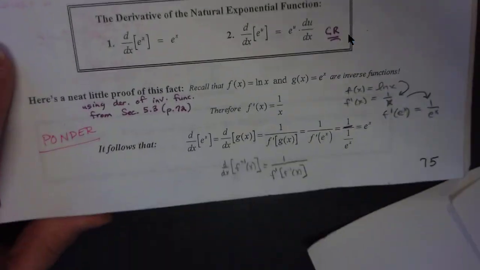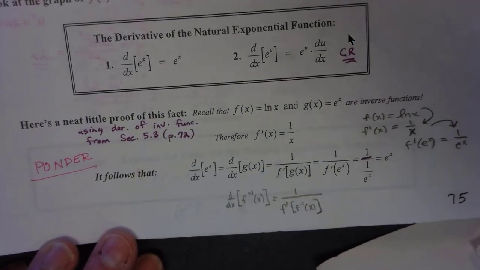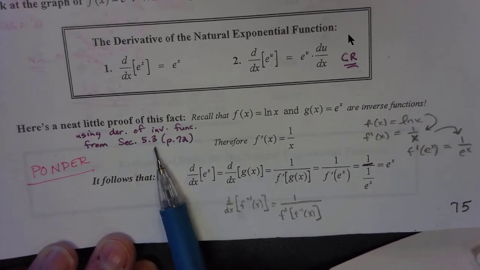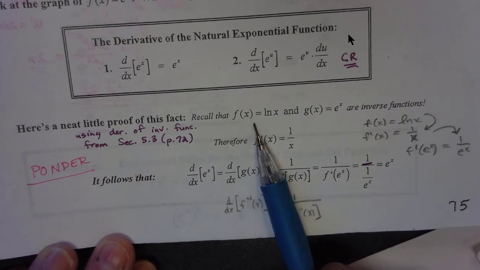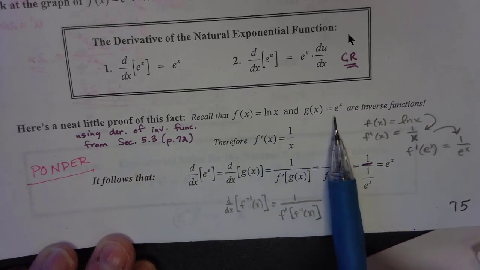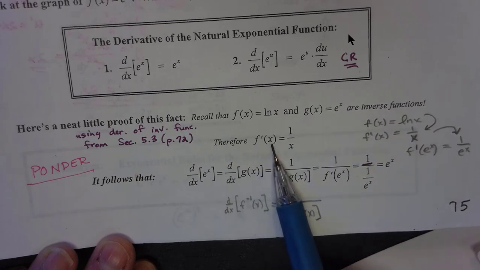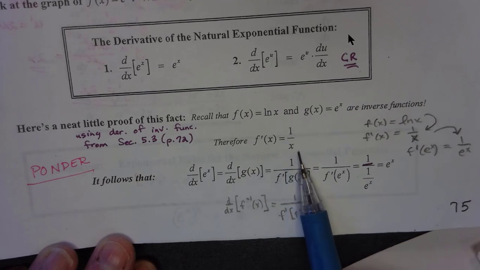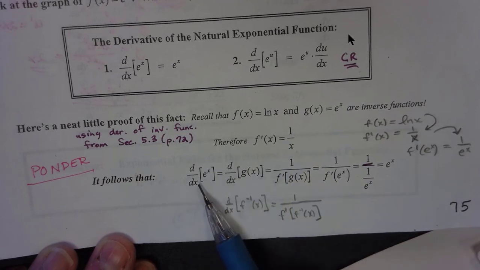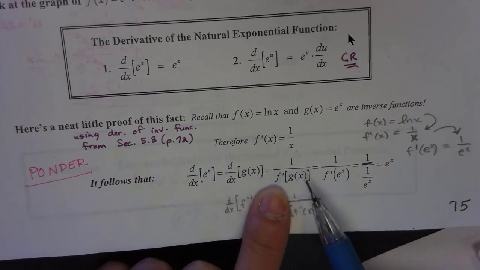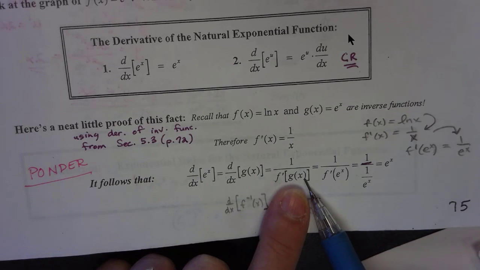So here's a cool little proof that gives us this. We're going to use the derivative of our inverse function from section 5.3. Let us remember that we have f of x is natural log of x and g of x is e to the x. We know these are inverse functions. Therefore, f prime of x is, we know, 1 over x. So the derivative of e to the x would be the derivative of this function here, which from 5.3 is 1 over the derivative of f of g of x.